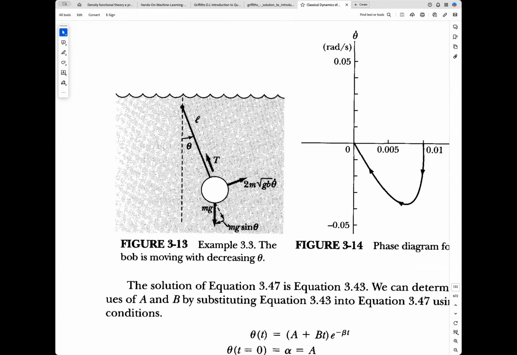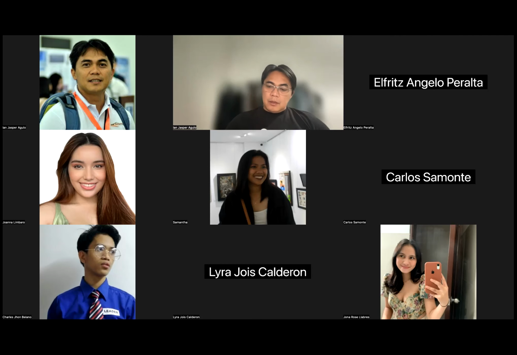So ito yung component ng weight, di ba, along this axis. And then meron itong damping force described by this equation. Okay, so yung bob na ito nag-oscillate, and dahil immersed siya in a fluid, ang mangyayari dito is ma-experience itong damping force dahil sa fluid. And we take a look at what's happening in this case.